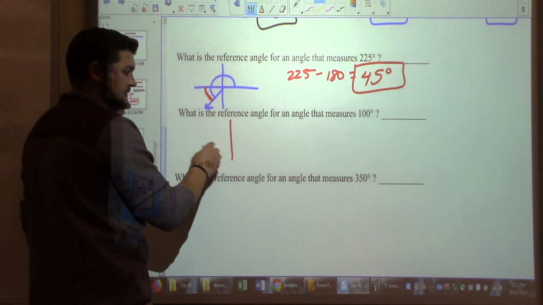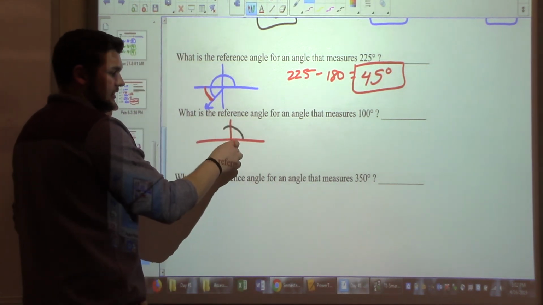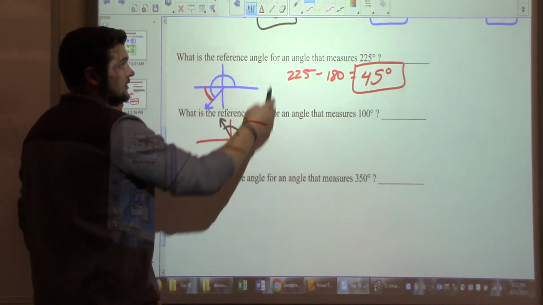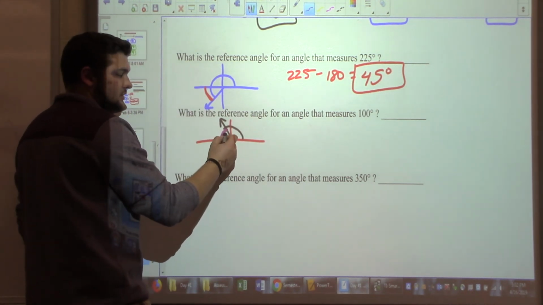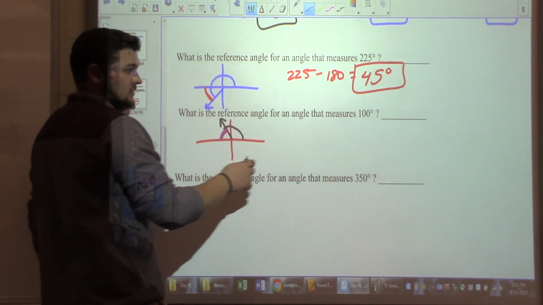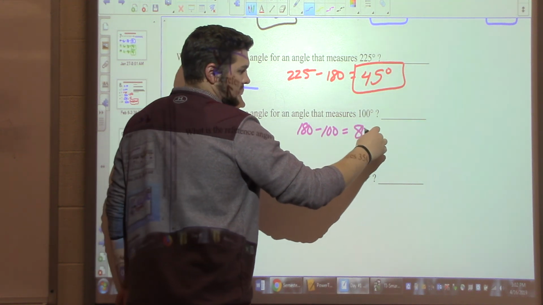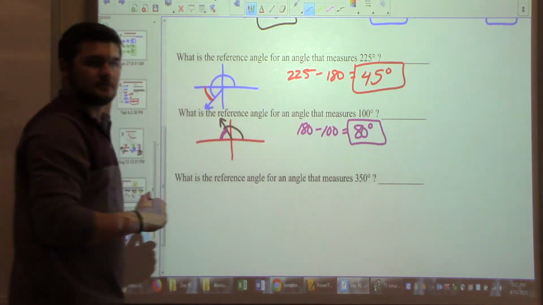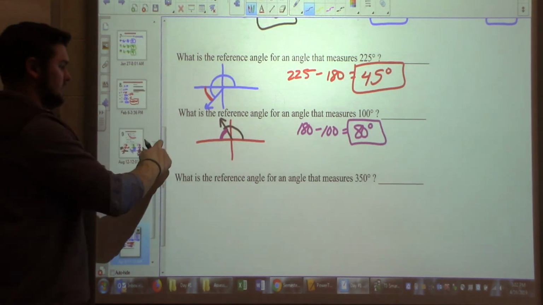The next two, like 100 degrees. You're right about here in quadrant 2. My nearest x-axis would be going from the terminal side and continuing to 180. So 180 minus 100 will give me 80 degrees. And then the last one.